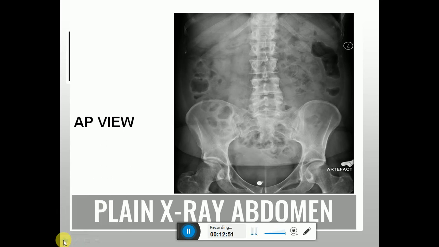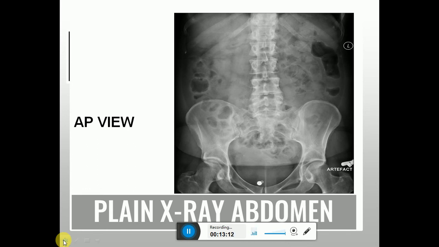One more thing I would like to tell you, that before taking this X-ray, there is always a term which is called patient preparation. Okay, you have to prepare a patient before the X-ray is done.